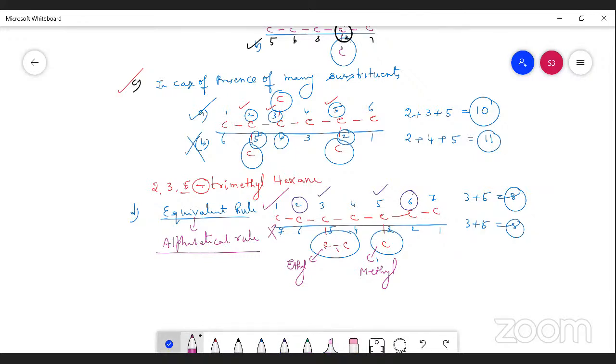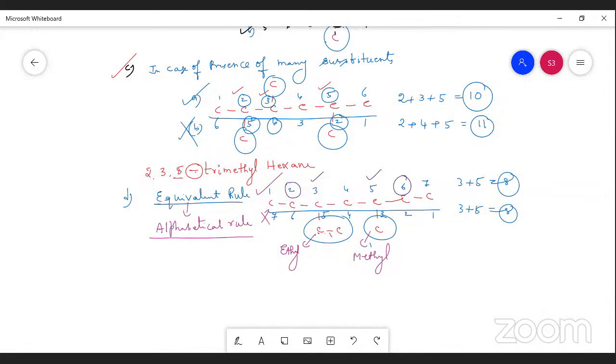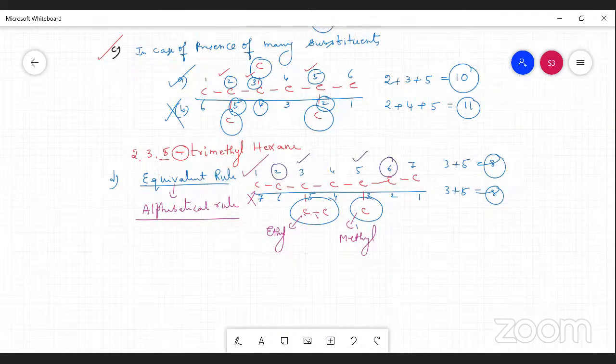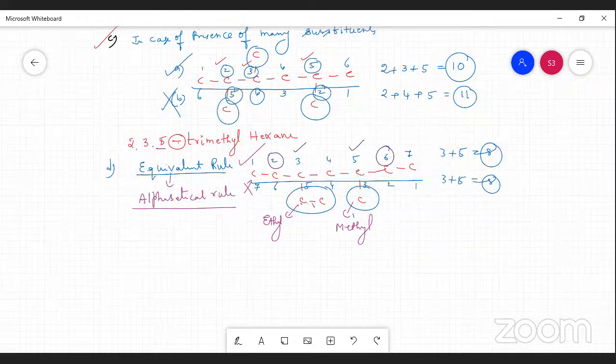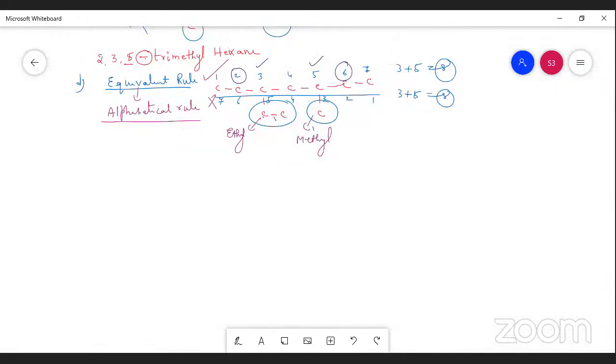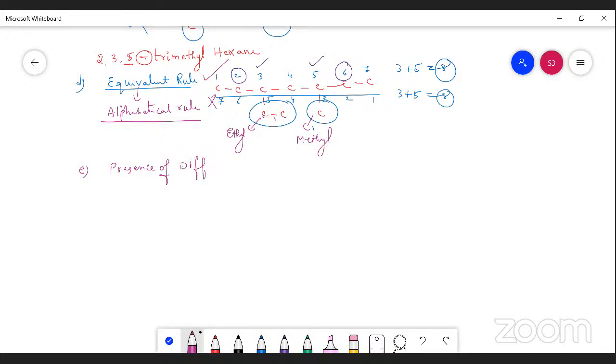Next one. In case of presence of different substituents, then what do we have to follow?